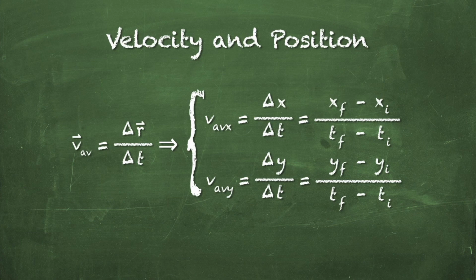Now, why have I been specifying average velocity? Well, in the situations that we've already seen, velocity has changed, so velocity doesn't have just one value in these situations. The velocity is changing, and this equation in particular refers to the average velocity of the object.